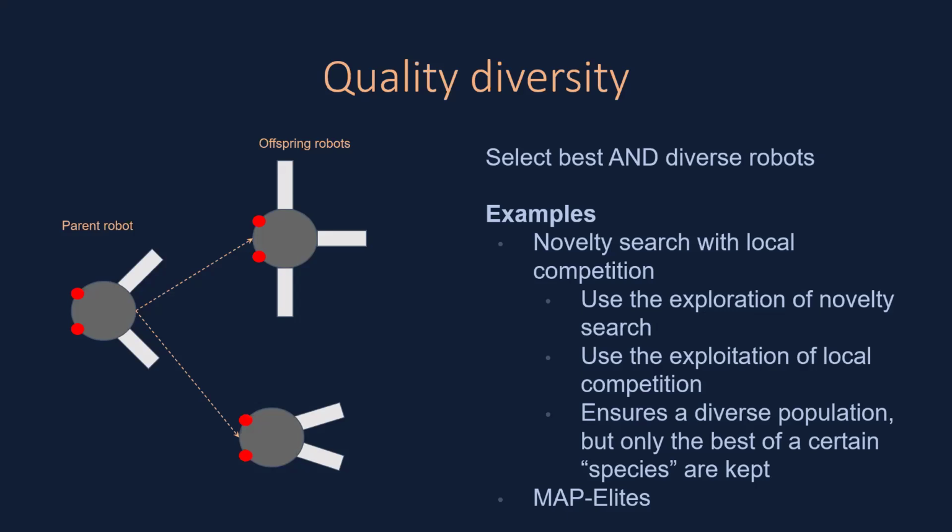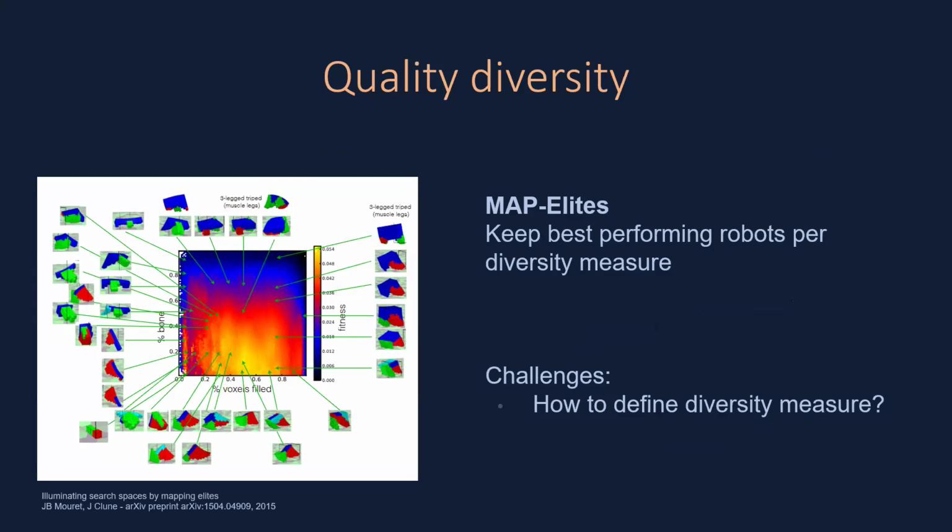Another technique is called MAP-Elites. In a MAP-Elites setting, you want to have multiple diversity measures. So let's say you want a set of robots that is good at moving forward as fast as possible, or turning as fast as possible.